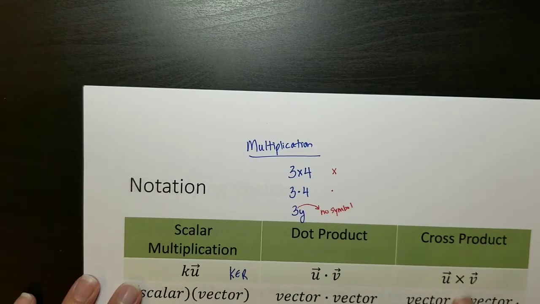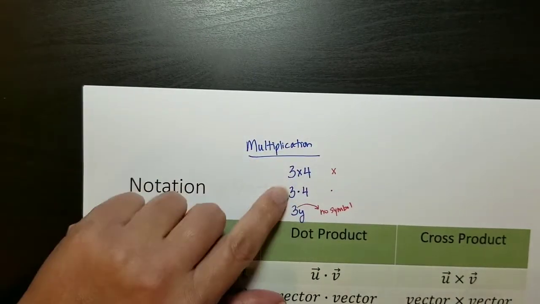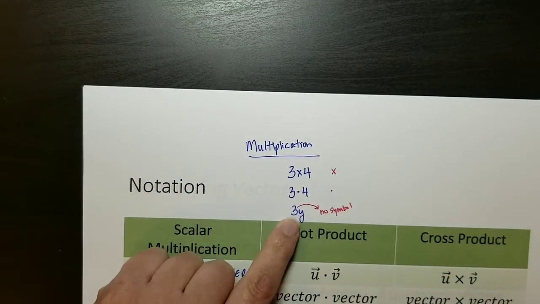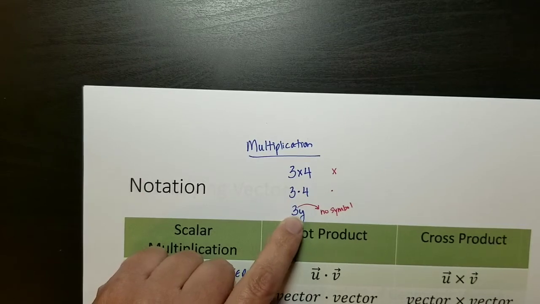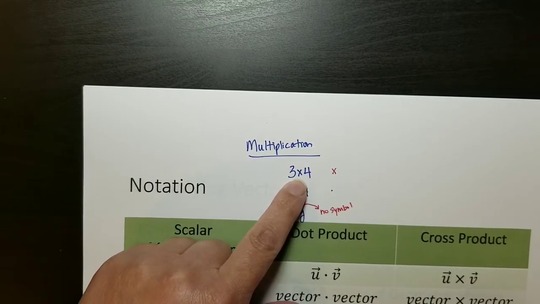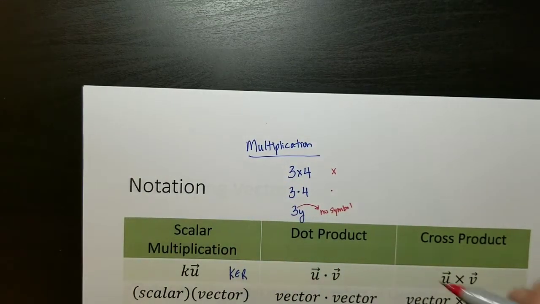These are all interchangeable: 3 times 4, 3 dot 4, or 3 and a 4 with no symbol. Having no symbol, having a dot, or having a multiplication sign all mean the same thing in the real number system.